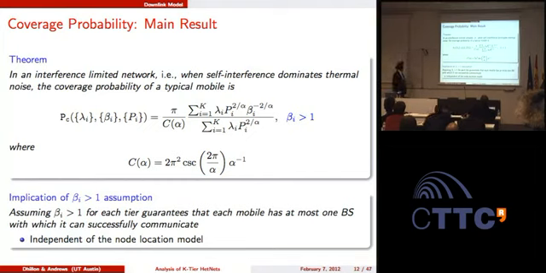And we have an assumption that your target SIRs are greater than 0 dB. Of course, it won't include some of the cell edge users, because LTE, I think, defines its coding and modulation schemes down to -6 dB.